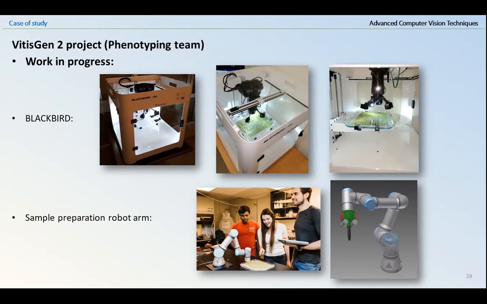So we can place any kind of sample like flowers, small fruits, whatever. This robot is able to image all these kind of samples, and then we can use those resulting images for finding any kind of feature we are interested in.